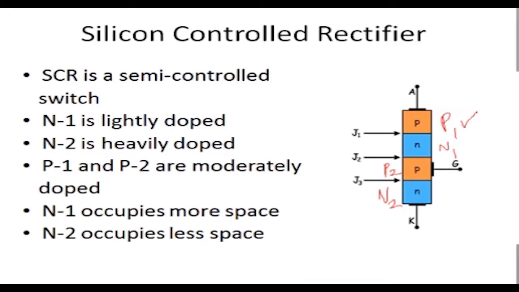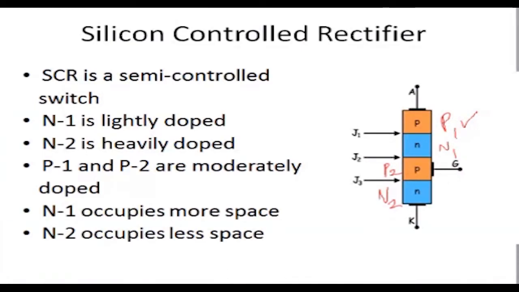The answer is very simple. If you see the J3 junction, J3 is a junction formed between two heavily doped regions. How much voltage can it block? J2 is a junction formed between one lightly doped and one moderately doped region.